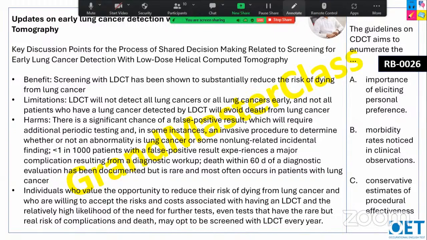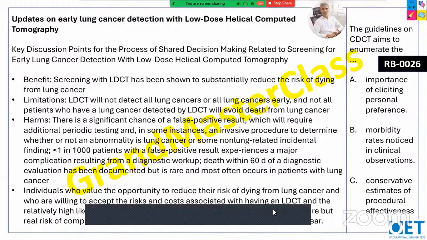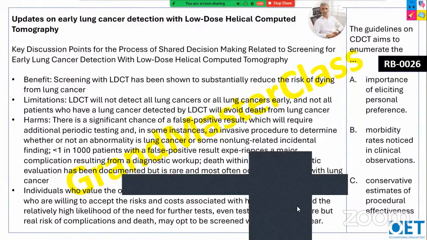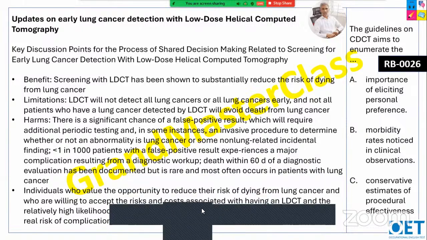The guidelines on CDCT aims to enumerate.